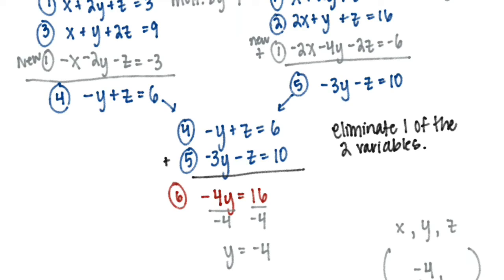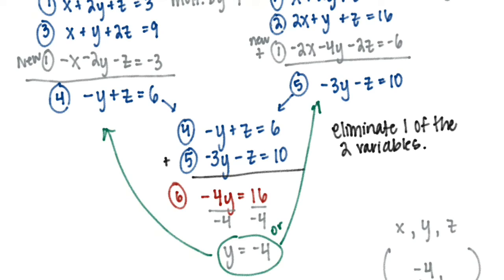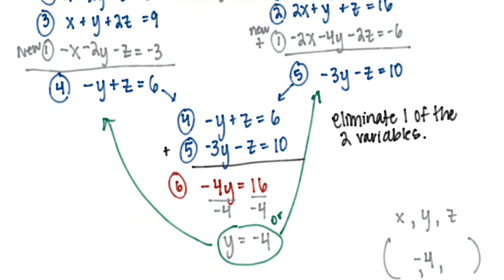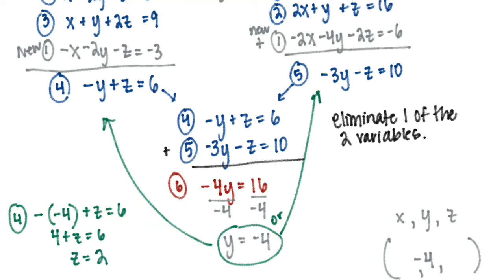Now I can take that y equals negative 4 and plug it back into either equation 4 or equation 5. I'm going to plug it into equation 4. So equation 4 is now the opposite of negative 4 plus z equals 6. 4 plus z equals 6 makes z equal to 2.